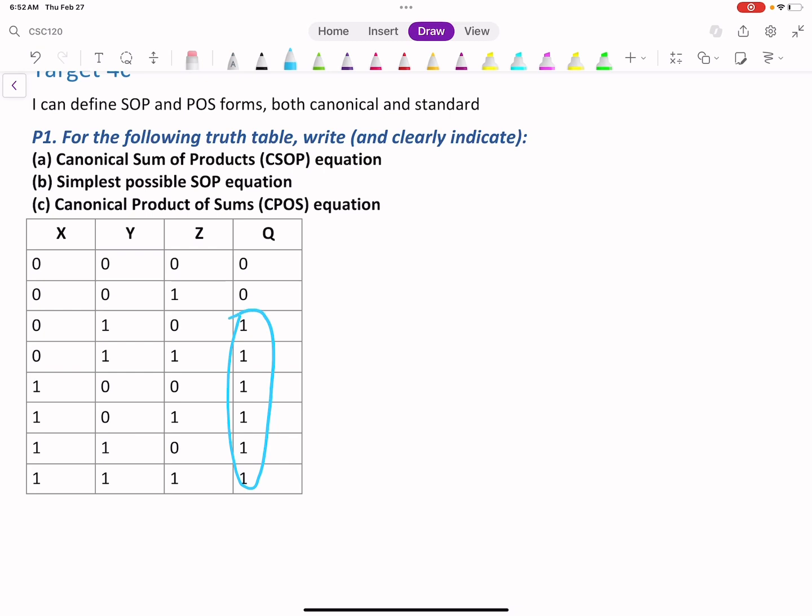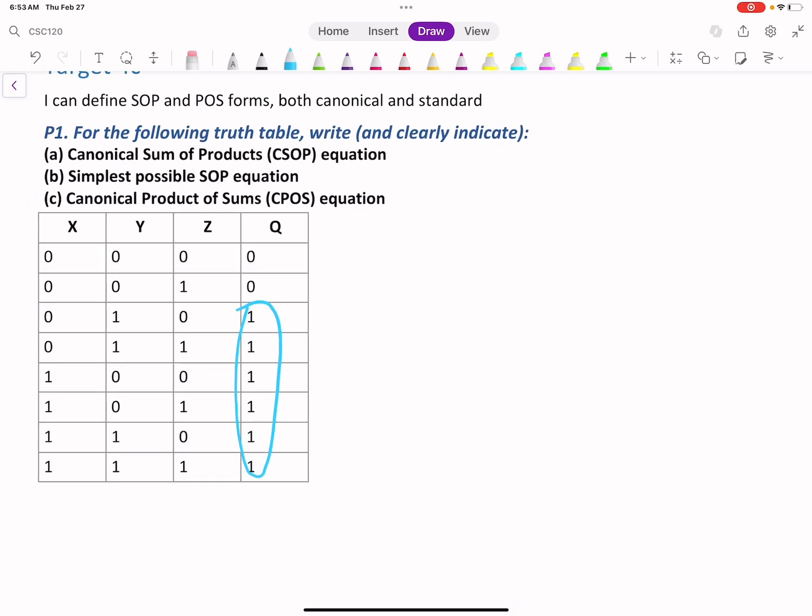Those rows are going to be the SOP. To get them, we can see that X is equal to 0, Y is equal to 1, and Z equal to 0, meaning that the term would be A prime, B, C prime. So if I plug in 0, 1, 0, this would equal 1.